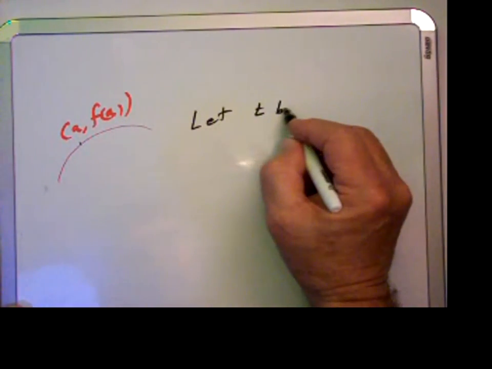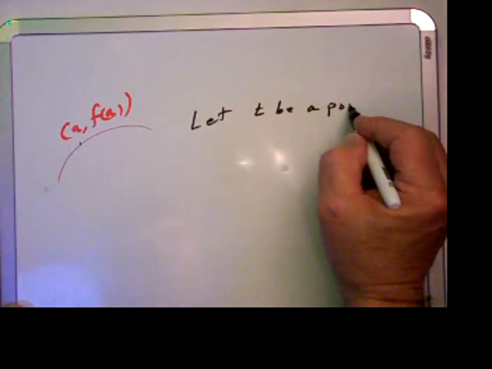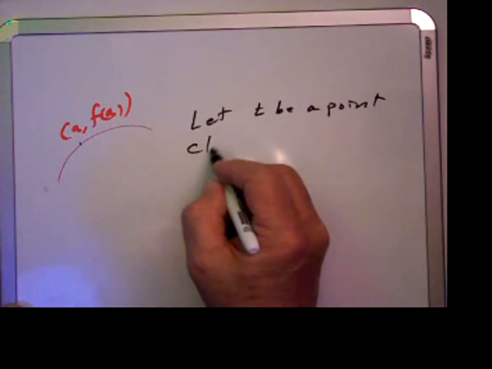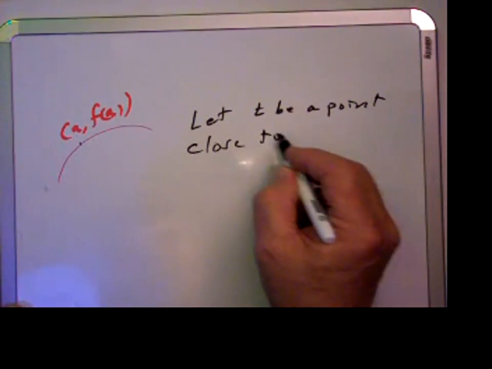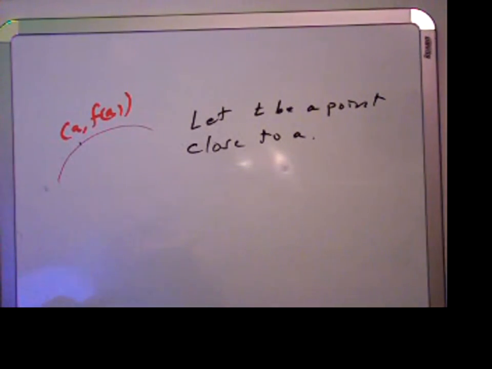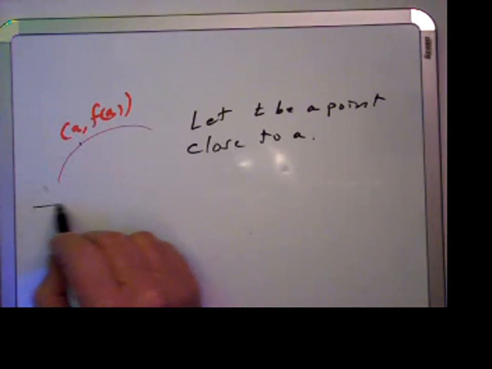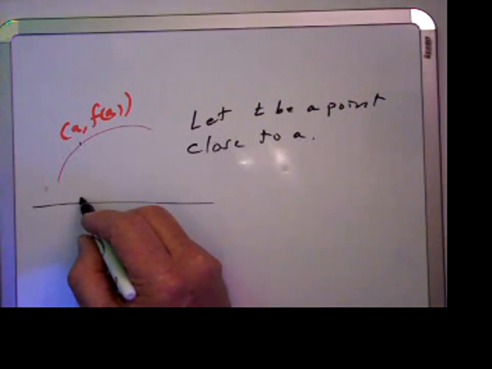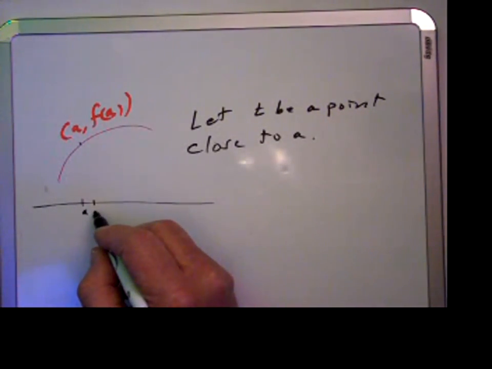Let t be a point close to a. Let's say the axis is down here someplace. Here's a, and let t be, let's say, here.